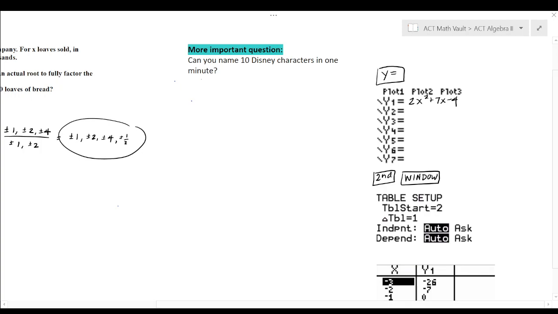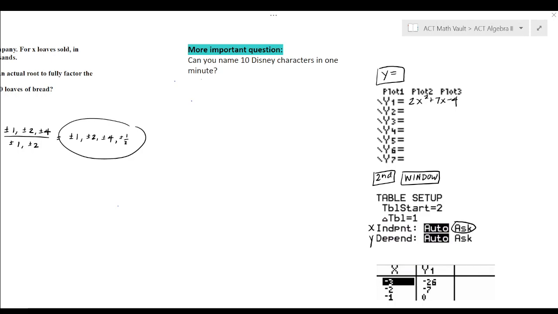What I want you to do, this is a really great trick, is instead of auto and auto, can we turn on ask for the independent, meaning the x and y? When we look at our table, we're going to want to ask the calculator which x's we want rather than having to go through the whole list of all the ones that they give us. So turn on auto, or turn it on from auto to ask by going to ask with the arrows and then clicking enter.